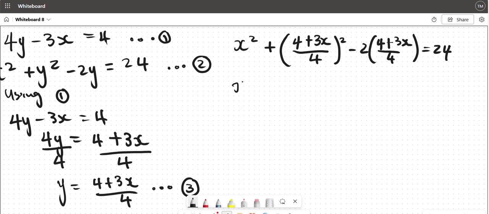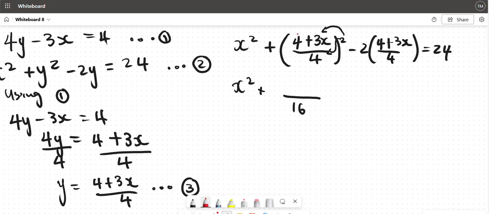So I'm going to keep this x squared. And here, if you're squaring the top and you're squaring the bottom. The bottom is quite easy. You're squaring a 4, you're getting a 16. The top is that same method. Square the first guy, get a 16. Right? Let me just make this a little bit longer. Square the second guy, get a 9x squared.